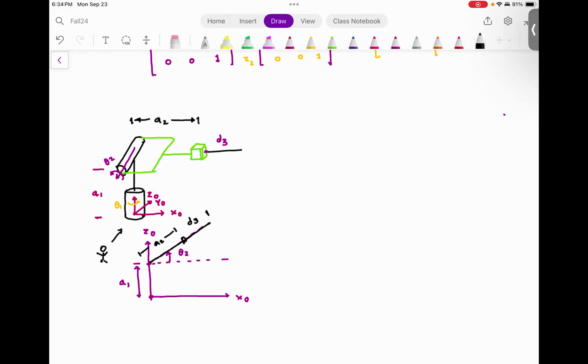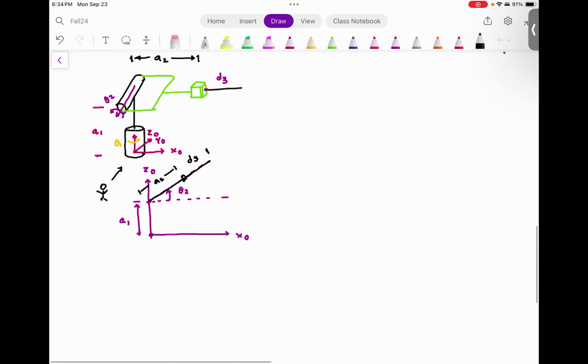Now I want two distances. This is my end effector. I can use the right angle triangles and find this distance as A2 plus D3 sine theta 2.